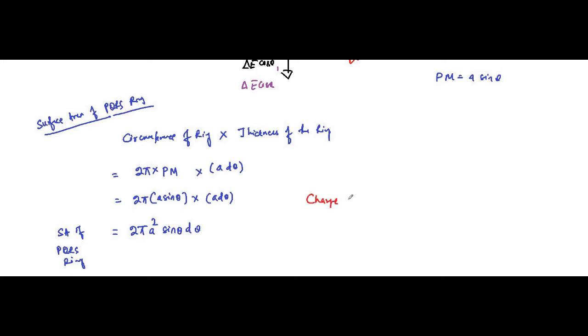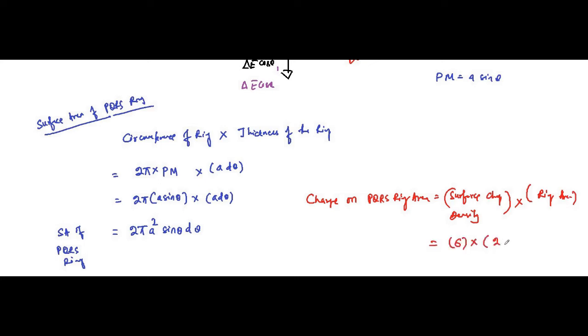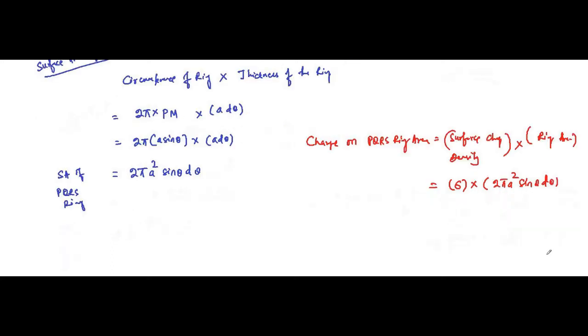Okay, now the charge on this portion of the ring, charge on PQRS ring area, this highlighted portion, is the surface charge density, which is given sigma, multiplied with ring area, which is equal to sigma multiplied with 2 pi A square sin theta d theta, which is equal to 2 pi sigma A square sin theta d theta.